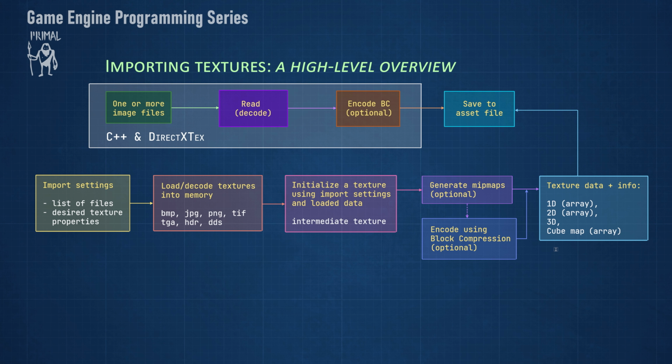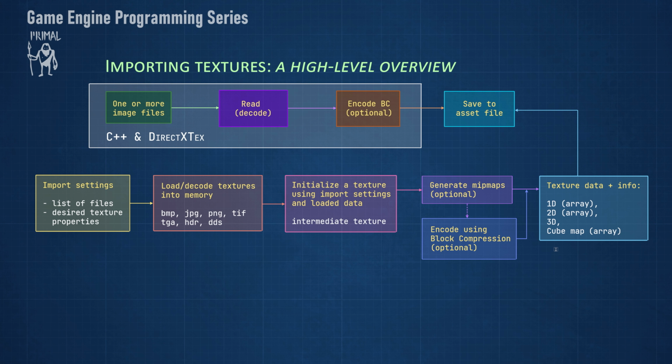Next, we read the image files, which could be in any of these file formats. Depending on the type of texture that we would like to construct, an intermediate texture is created that contains all the data and information about the texture. Then we can optionally create a chain of bitmaps for this texture. We also have the option to encode the final texture in one of the block compressed formats.